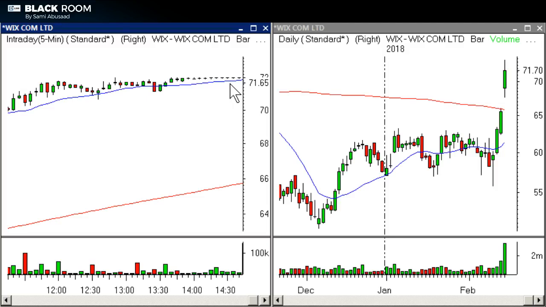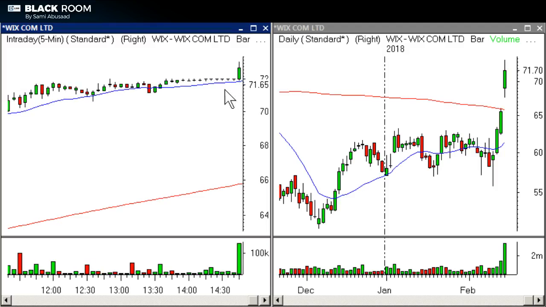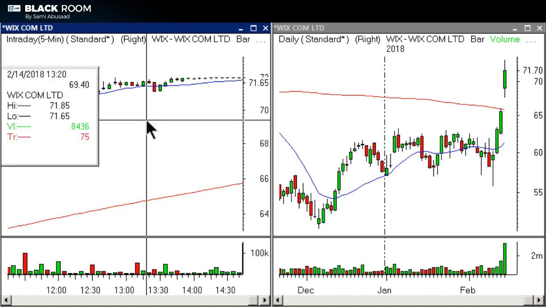It went from 93,000 shares to 80 something, then 70, 60, 50, 40, 30, 20, and as soon as it went to the teens, I jumped in. And at 72, I bought 2,000 shares because I sized it to 25 cents.